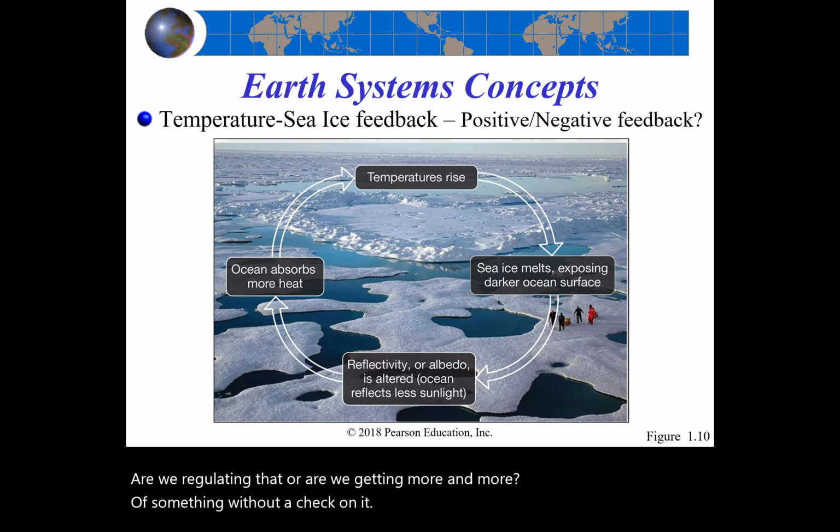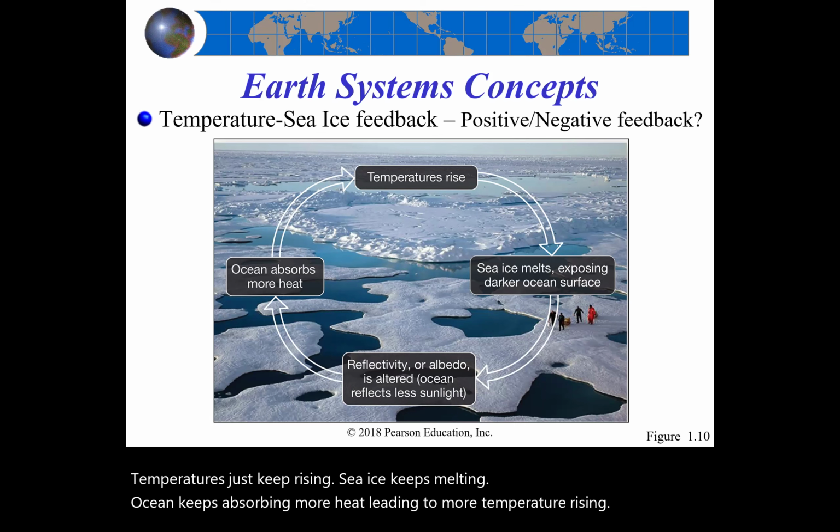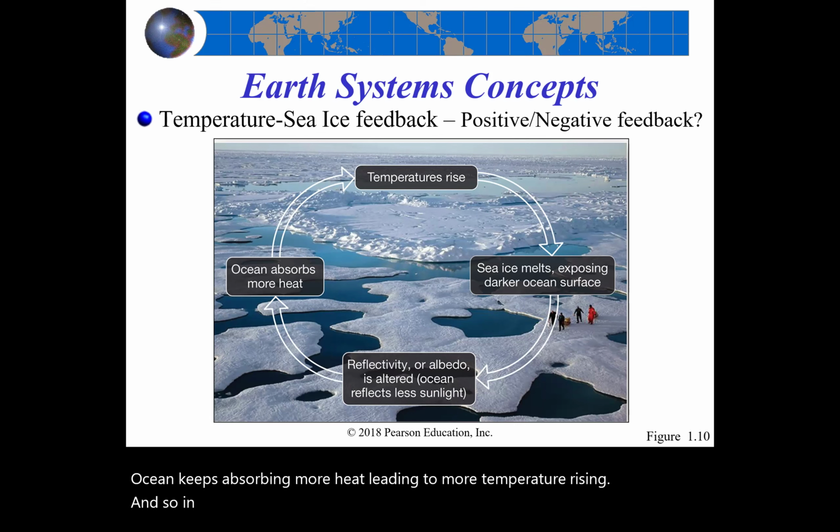In this case, it is a positive feedback loop. Temperatures just keep rising, sea ice keeps melting, the ocean keeps absorbing more heat, leading to more temperature rising. And so, in that sense, it is a snowball effect. It is a positive feedback loop.